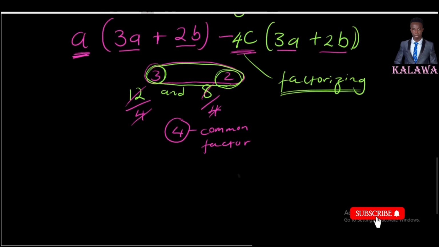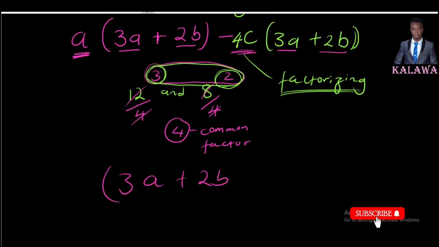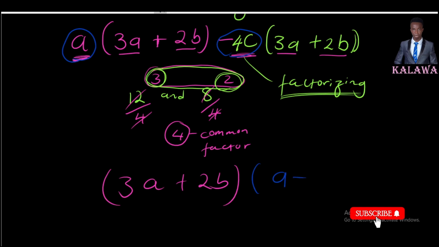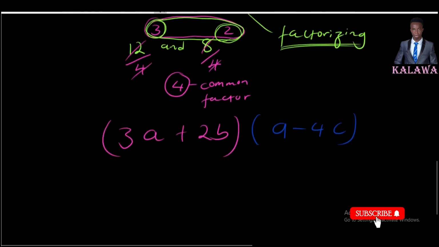So we only take one bracket, 3a plus 2b, and then the common factors outside we put in another bracket. So we take the common factors a and minus 4c and put them in another bracket. So this is going to be a minus 4c. This is what we call the method of grouping.